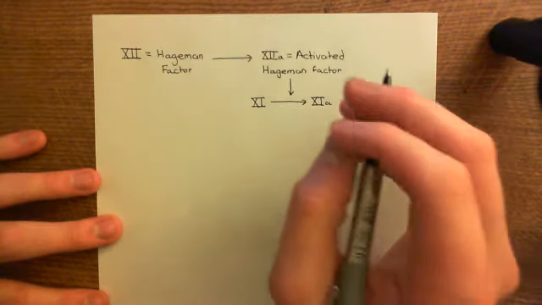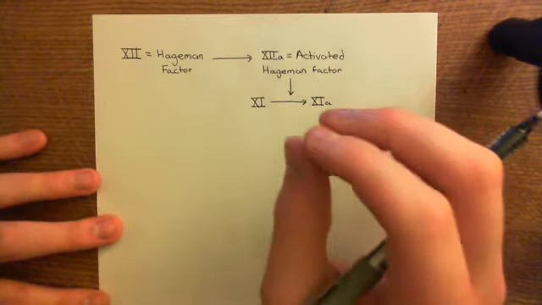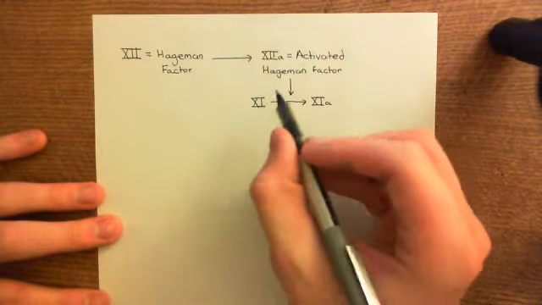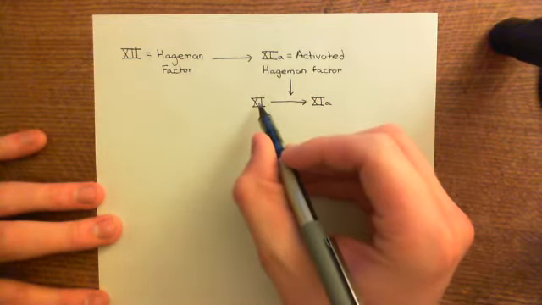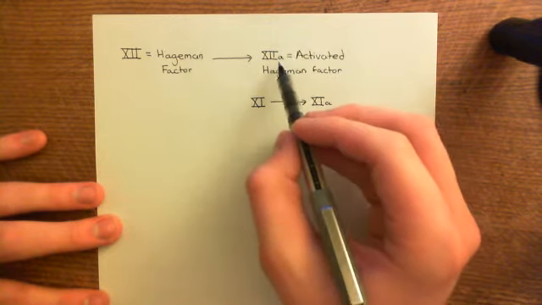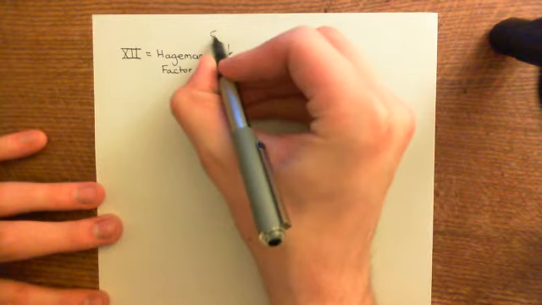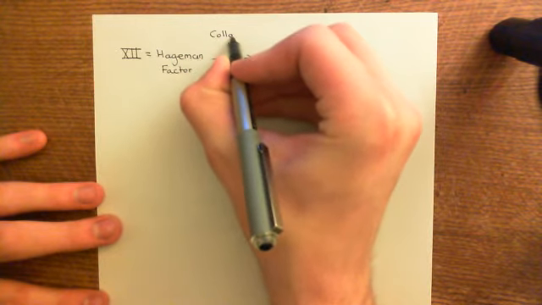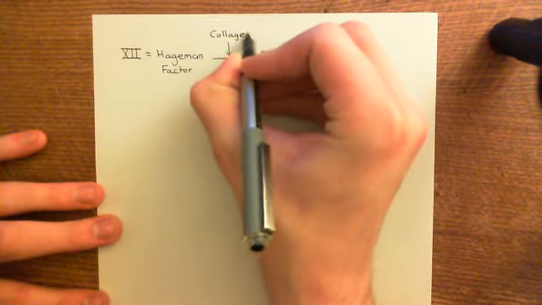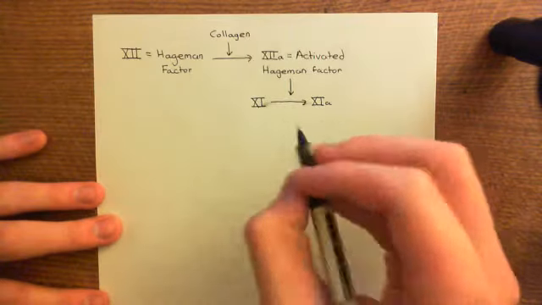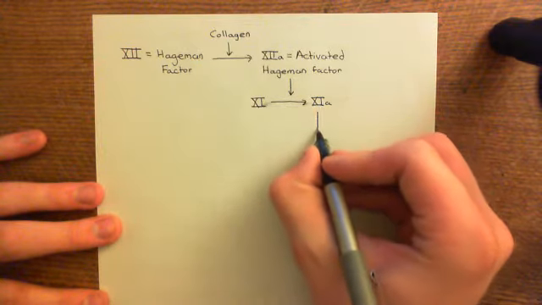All the coagulation factors, well, nearly all of them, are normal components of the blood. So this is the inactive form that's usually circulating, but when 12 is activated by collagen here, then the activated factor 12 is then going to be able to convert the inactive 11 into an active 11. And then this cascade continues.